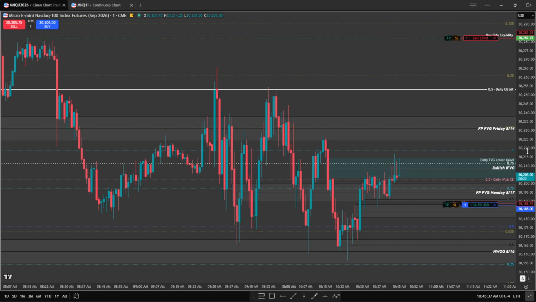I really don't like that it's stabbing really deep into this and then closing really low. And there's equal lows down here, right where my break even stop is placed. That's not looking so good for the trade.